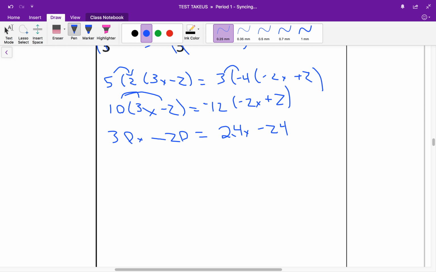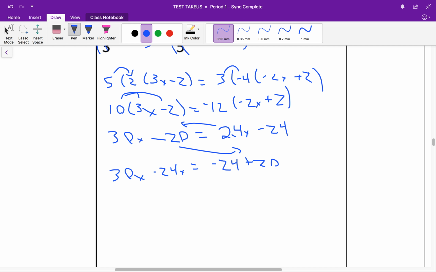Now I like to leave the largest x on its side, so I'm going to leave this 30x over here. I'm going to bring this one over. So it's going to be minus 24x equals, and the minus 24 is over here already, and this is coming over this way, so it's going to be plus 20. Okay. So you can think about it as minus 24x on this side.